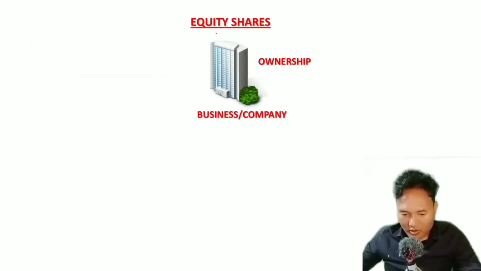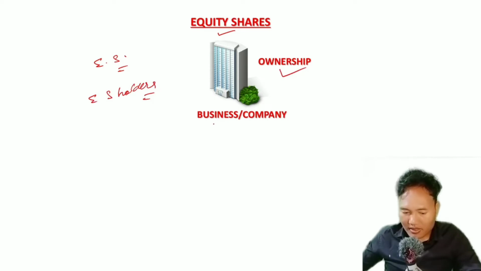Now let us talk about equity shares. The persons who hold equity shares are known as what? Equity shareholders, okay? And we must remember that they are the owners of the company or any business entity. Equity shares are traded at stock exchange.